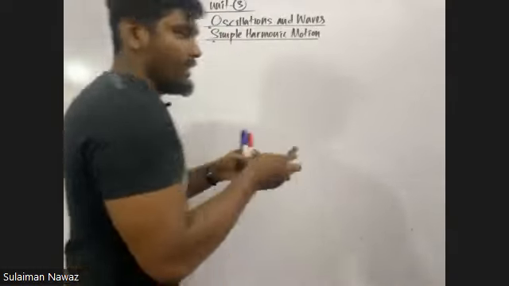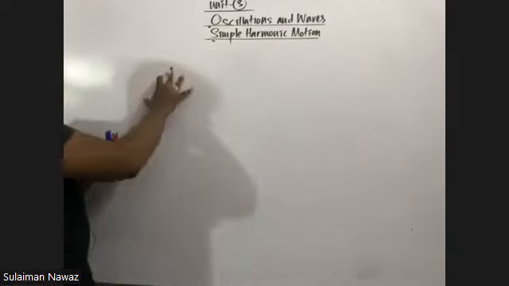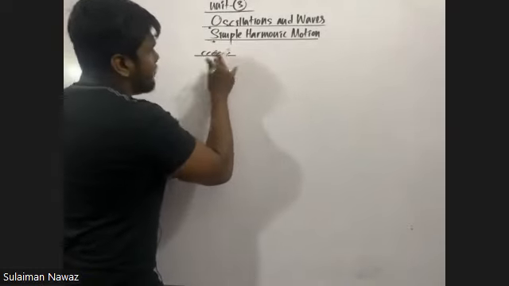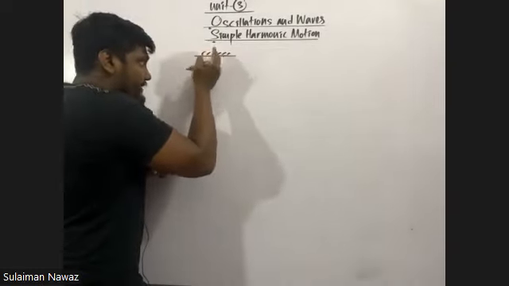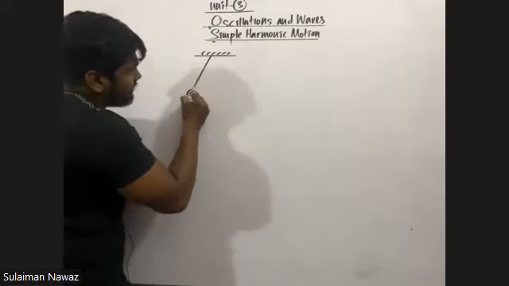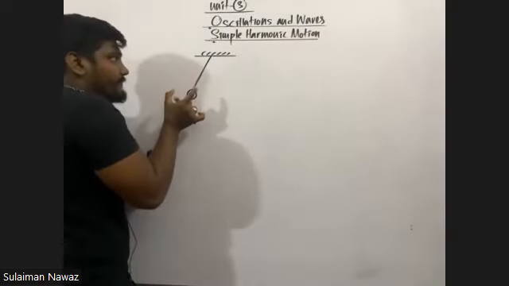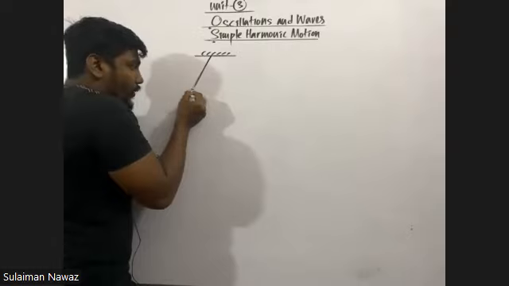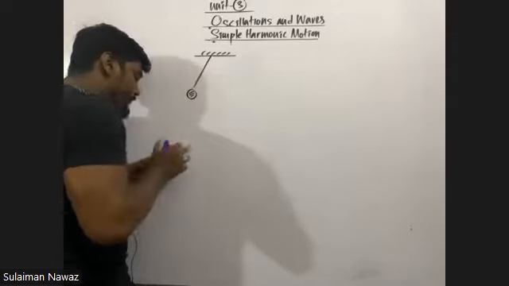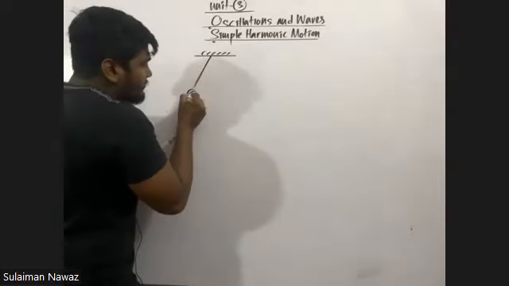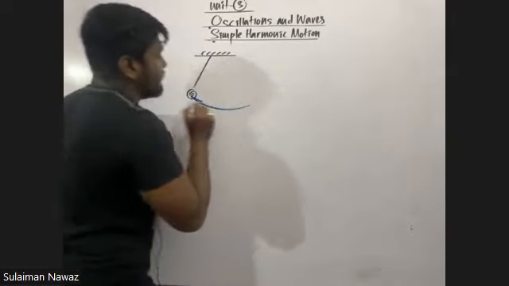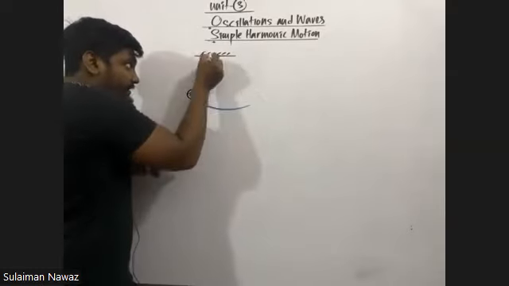Why? If I draw a simple pendulum, listen very carefully. Let's say initially my simple pendulum is at a position exactly like this. When I release this pendulum, it will move like this and reach this position.